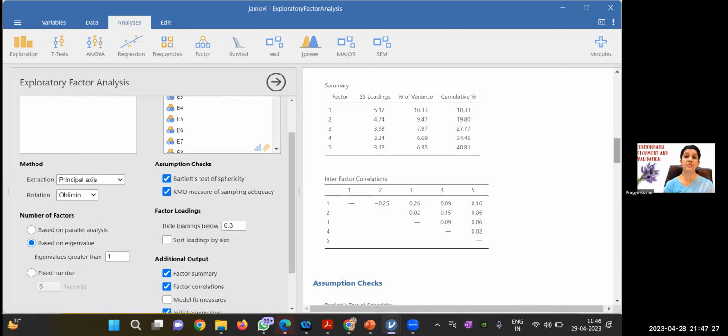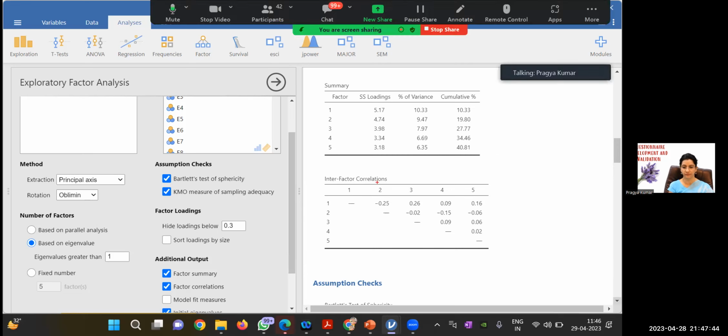Coming to the construct validity. There were two types: discriminant validity and convergent validity. Now, what is that? That we test here. So in this case, you can see the inter-factor correlation. Now focus on this table. This is the correlation between factors, like 1 and 2, 2 and 3, like that.